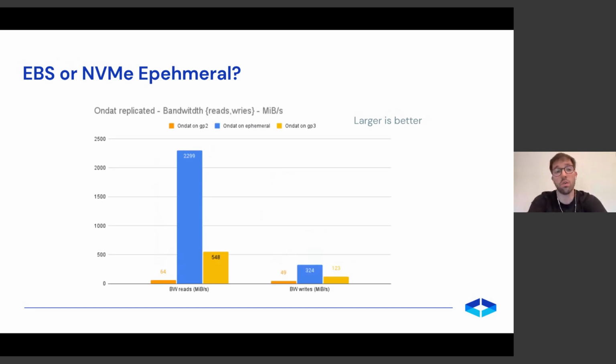Once again, if we check the bandwidth, no surprises here. The bandwidth is much faster on local NVMes. And in the end, we can see that the bandwidth, mainly for writes, caps out at the 125 megabytes that GP3 has. However, you can see that GP2, in orange here, has a more unpredictable performance, and that is because its performance depends on IOPS per gigabyte.